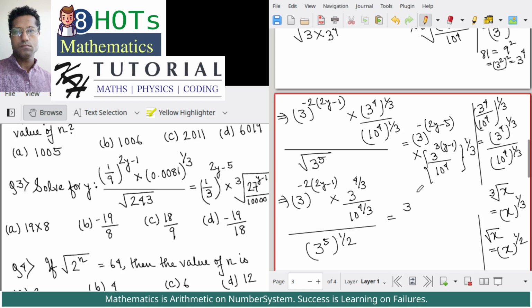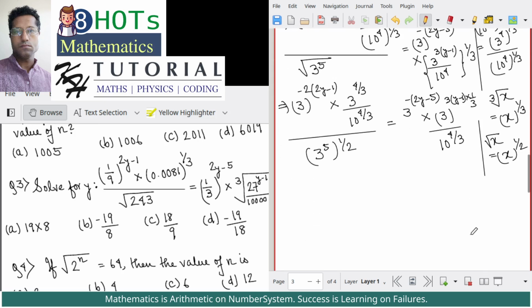3 raised to the power minus of 2y minus 5 multiplied by, as you can see, the 3 to the power 3 into y minus 1, this will be 3 raised to the power 3 into y minus 1 multiplied by 1 by 3 because of the outer power of 1 by 3, divided by 10 to the power 4 by 3.